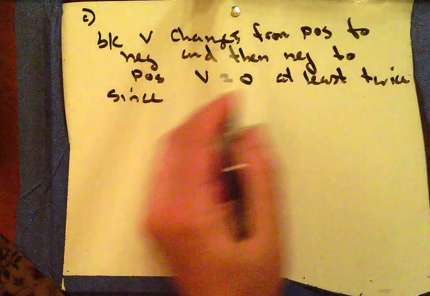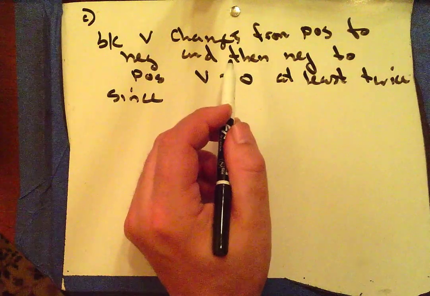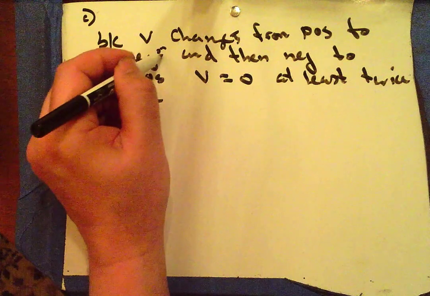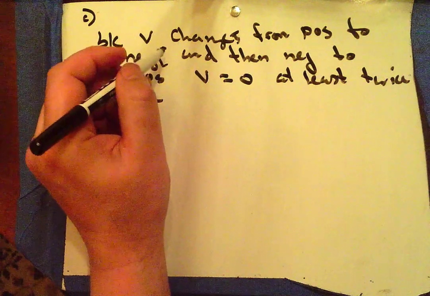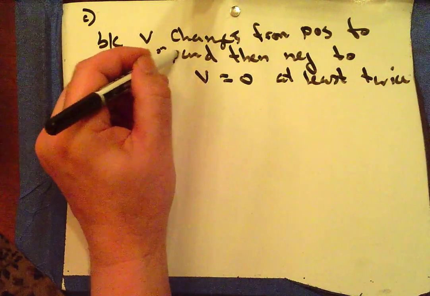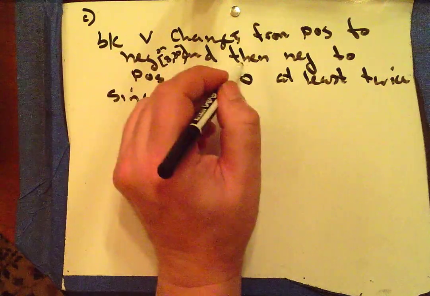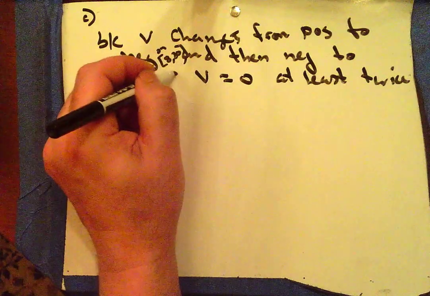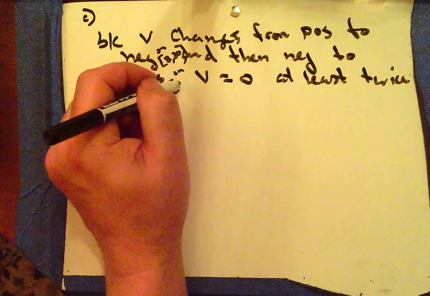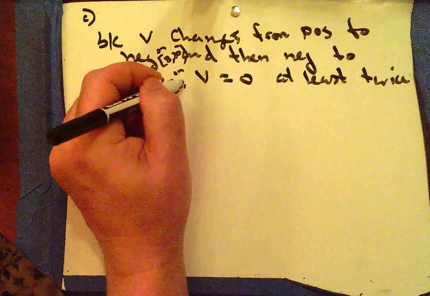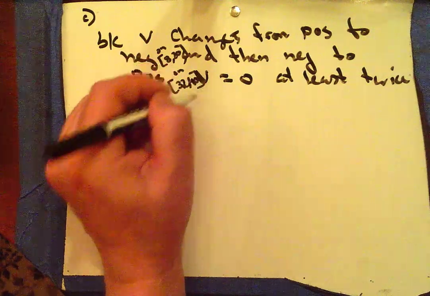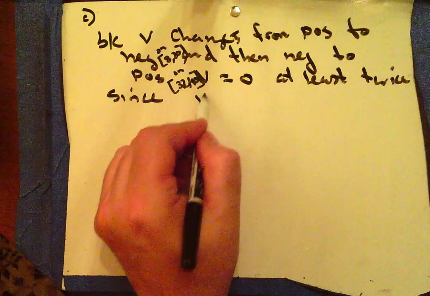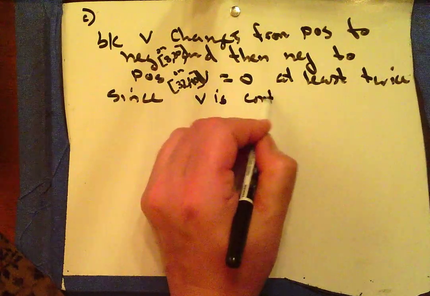So v changes from positive to negative somewhere between 8 and 20, and then goes from negative to positive on 32 to 40.